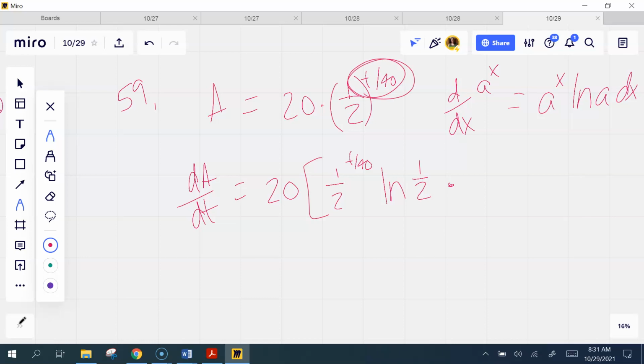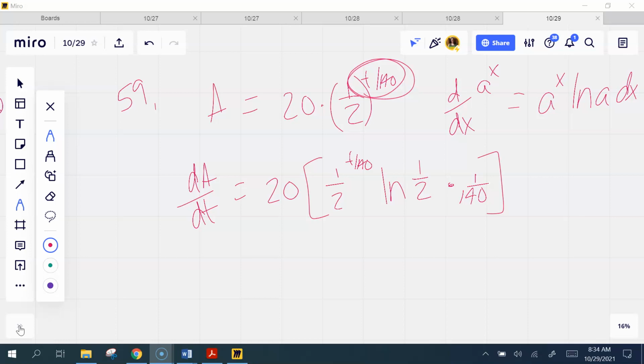What's the derivative of t over 40? 1 over 40. Number 59 gave you this formula in the problem, which is typical calculus.